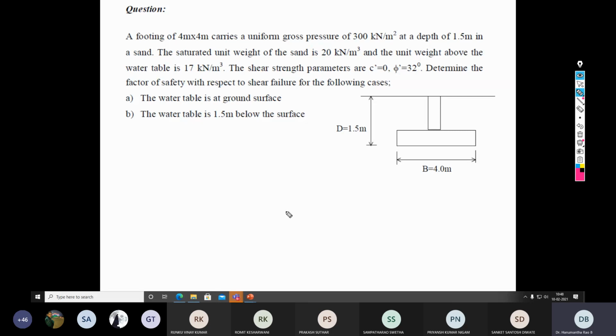So for case A, which term gets impacted? Among the three terms, which terms get impacted if the groundwater is at the ground surface?